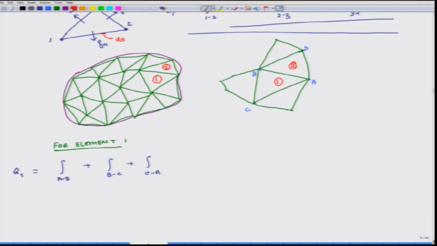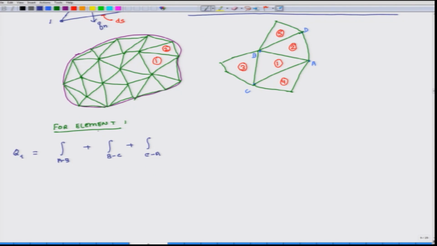Let us also make two more elements, 3, 4 and 5. Now, this is for element 1.